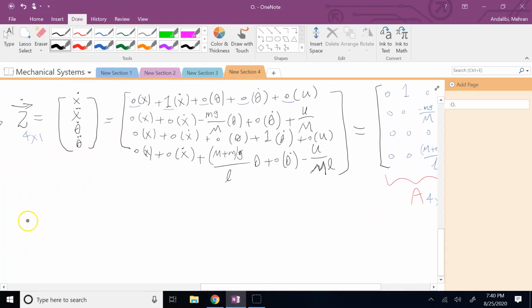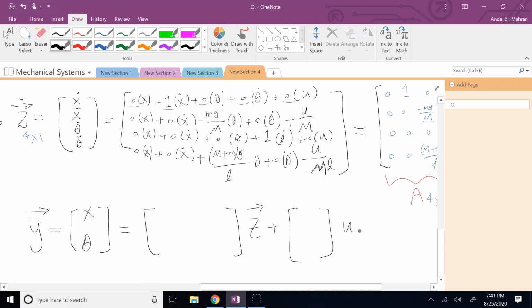Now your output equation says output y, which in this case is, as I said, we have 2 outputs, x and theta. This is equal to some matrix times z vector plus another matrix times u, where again this is a 2 by 1, this is a 4 by 1, this is a 1 by 1.